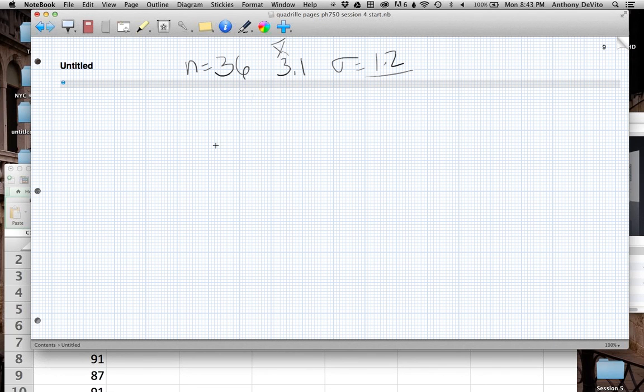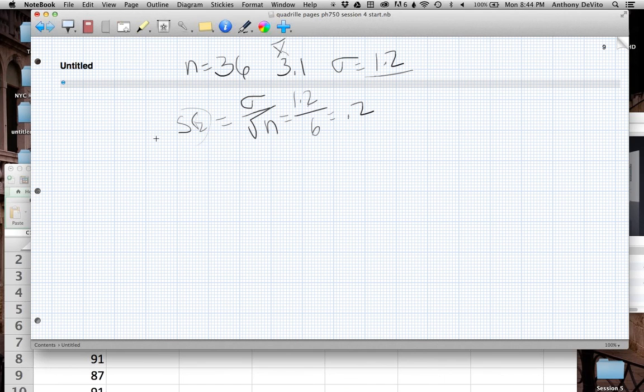And so what would our standard error be here? What's the standard error equal to? The population standard deviation over the square root of the sample size, right? So what's our standard error? The square root of 36 is 6, right? So it's 1.2 divided by 6, which is 0.2.